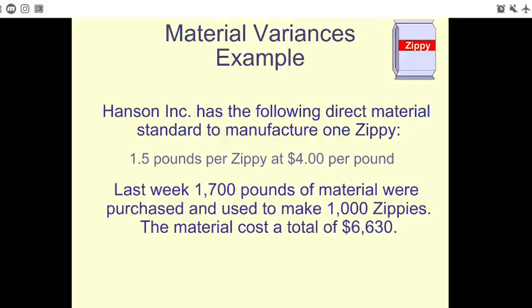Okay, see here. This is an example of material variances. So let's see. Hanson Incorporated has the following direct material standard to manufacture one product. The product is called ZP.